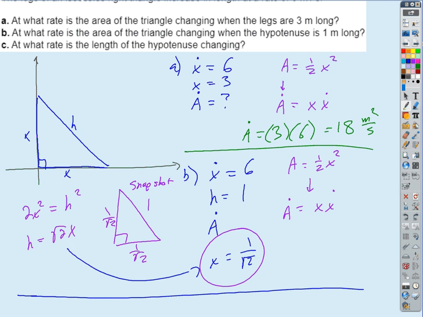So what does that probably imply? One of two things. Either our answer is going to have to include some variables that we're not given, or maybe it's independent. Maybe it's a constant rate, and the hypotenuse increases at a constant rate that's independent of the side length of the triangle. Okay, we'll see.